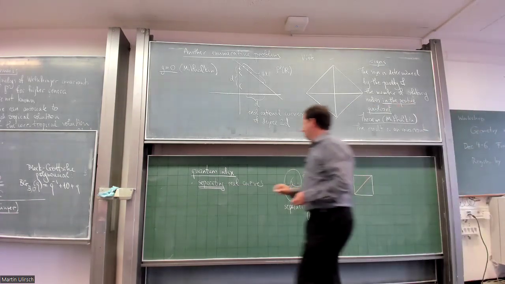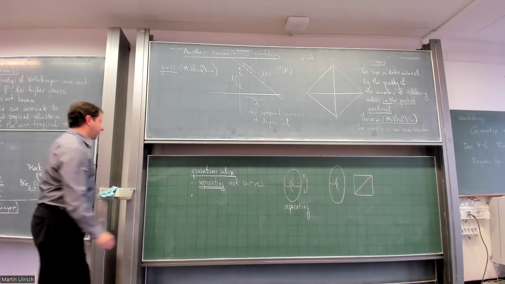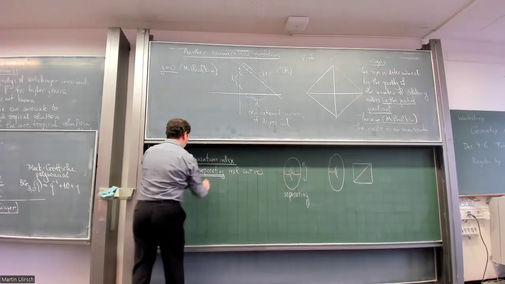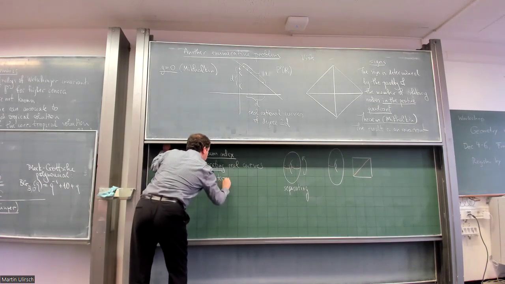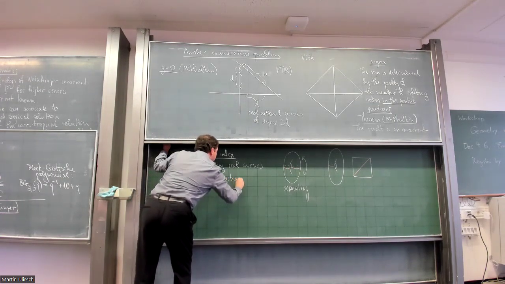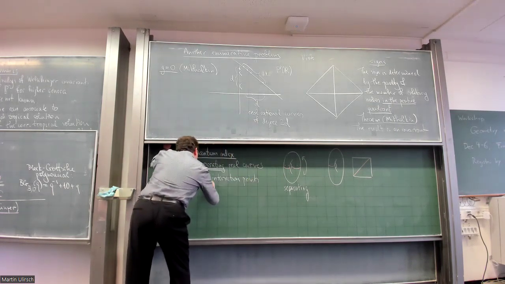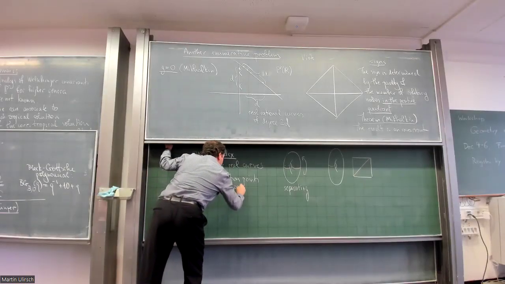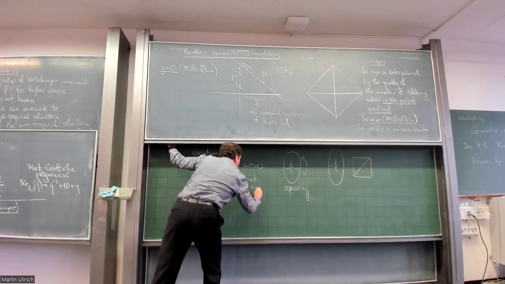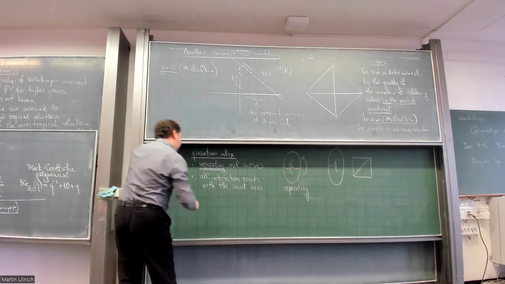And the second condition, so we are discussing real curves in P2, is that I'd like all intersection points with the coordinate axes to be real.